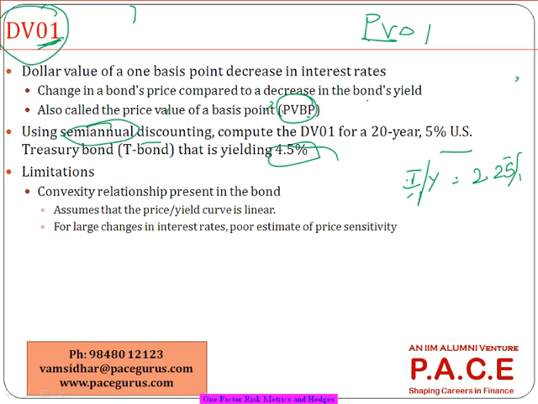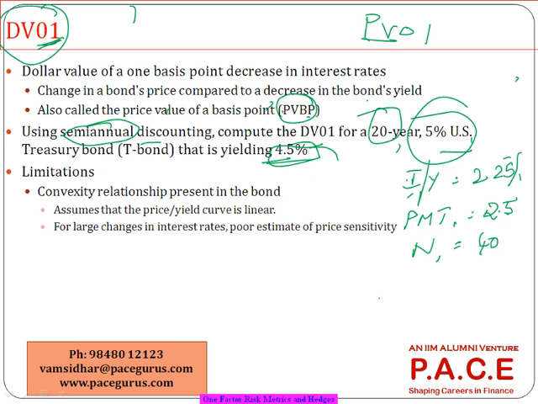I can take PMT as 2.5, because 5% is the annual coupon, so semi-annually it is 2.5. N, the number of periods, is 40, because this is a 20-year bond with semi-annual periods.